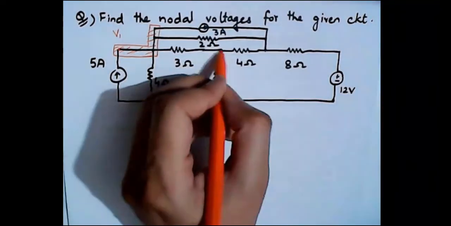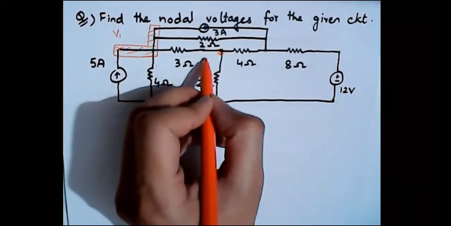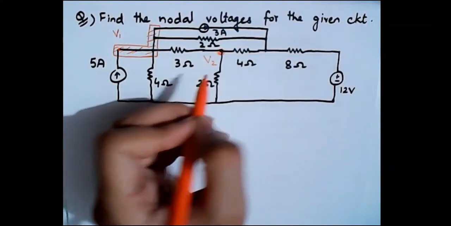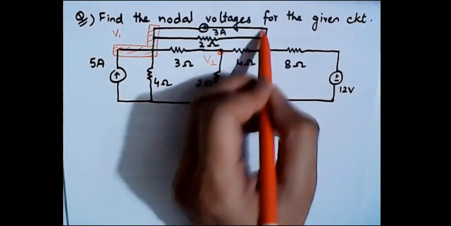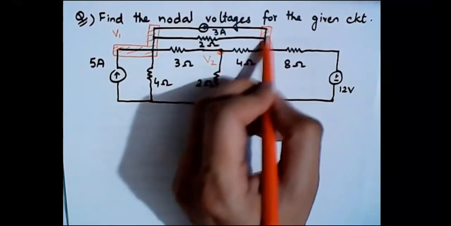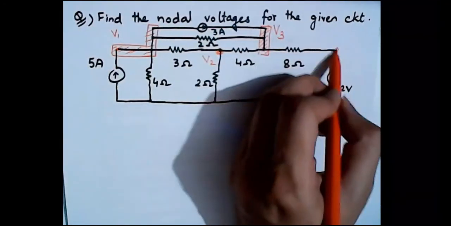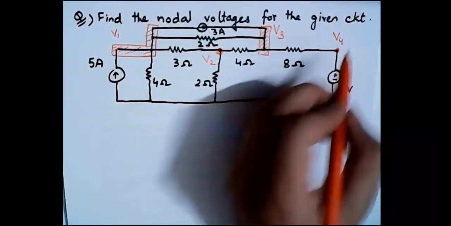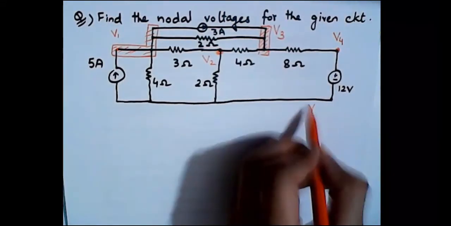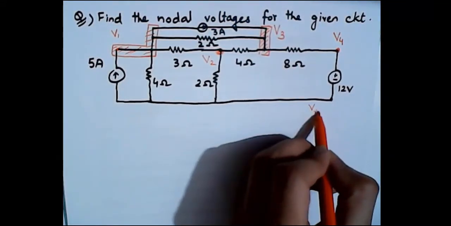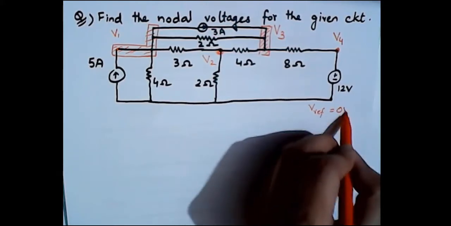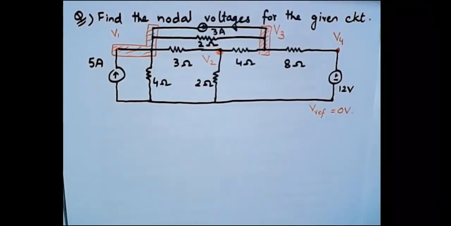Similarly, you can see that this node will be treated as node 2 and its voltage will be V2. Again, we have a complete path which will be treated as node 3, V3, and then we have node 4, V4, and then we have the reference node which we assume that its voltage is 0 volts.